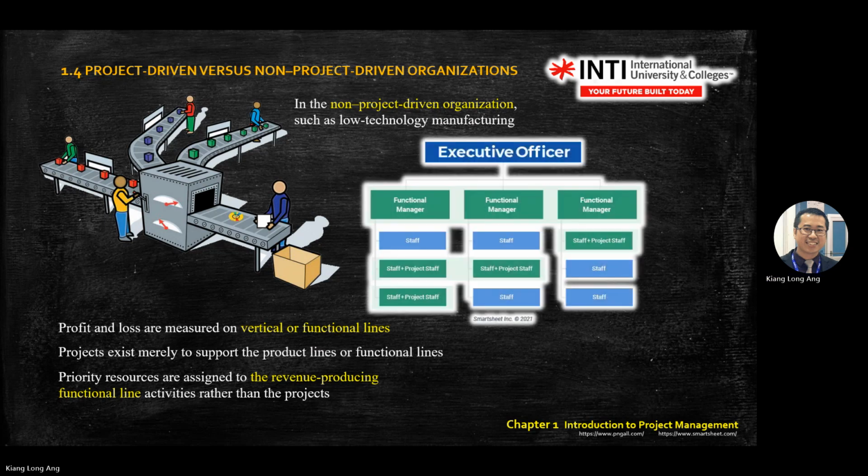So you see the organization chart changes already. You seldom see the keyword project inside the organization chart. You will see one department, one department, one department, like a functional manager, then the staff, plus project staff, and so on.